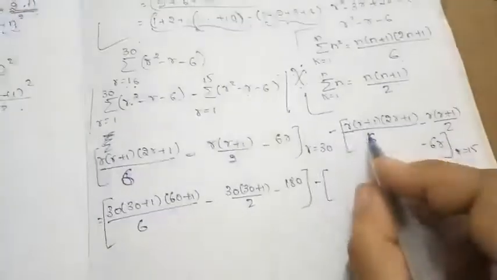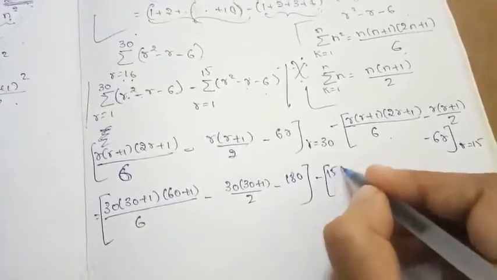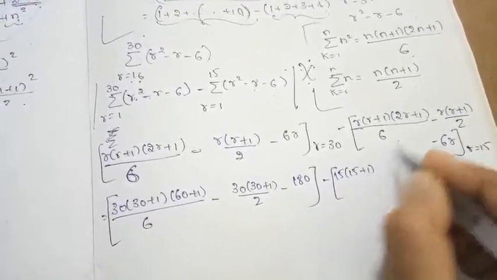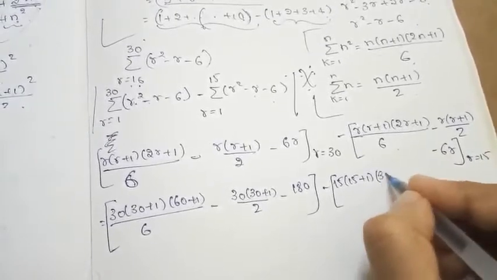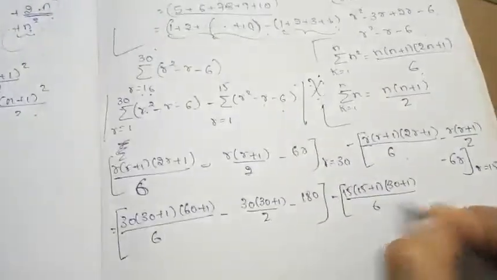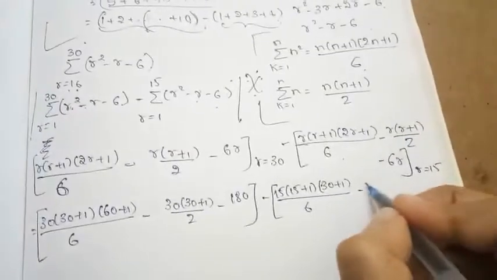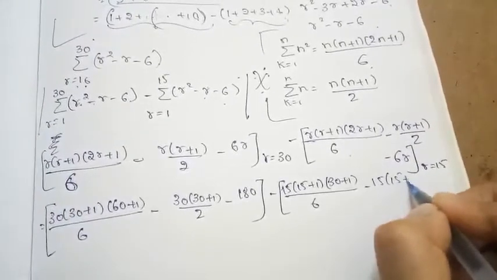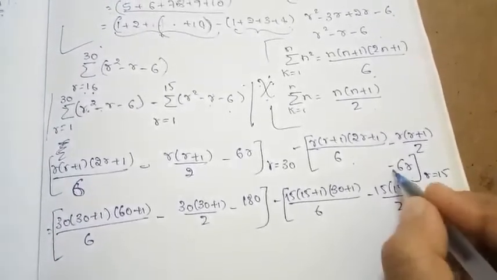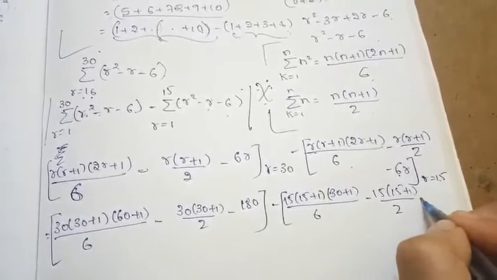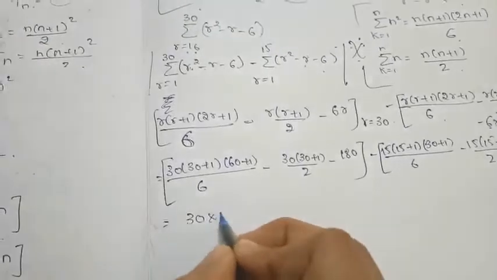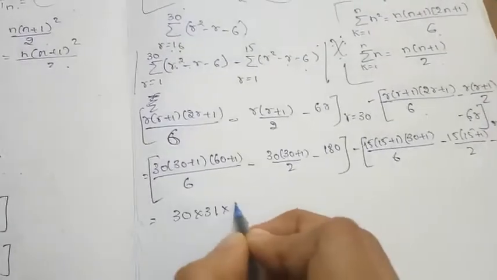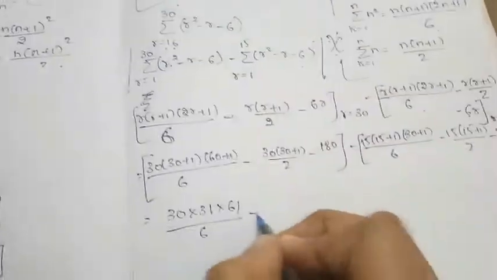Similarly here, the value of r is 15: 15 into 15 plus 1, 15 into 2 is 30, 30 plus 1, divided by 6, minus 15 into 15 plus 1 divided by 2, minus 15 into 6, which is 90. Now simplify this one, that's all.